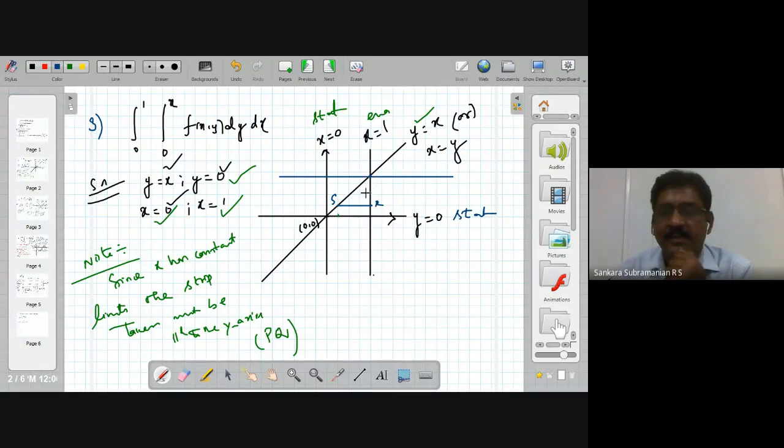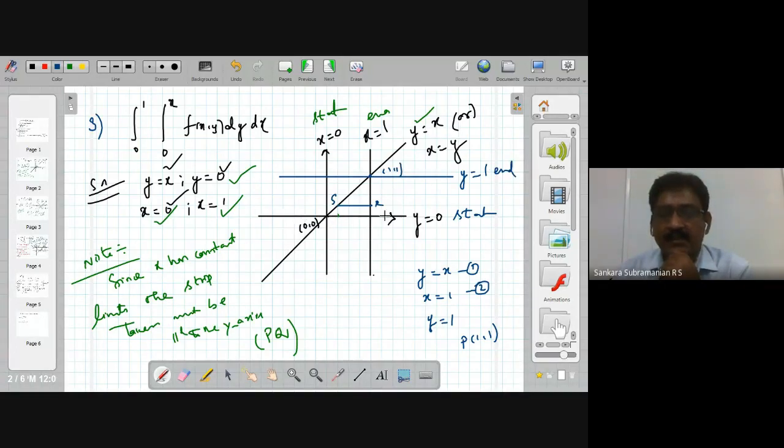What is this point? This is nothing but the point of intersection of the curve y equal to x, equation 1, and x is equal to 1, equation number 2. Solving gives y equal to 1. So this is the point (1, 1), and this is the line y equal to 1. So this is the end point.